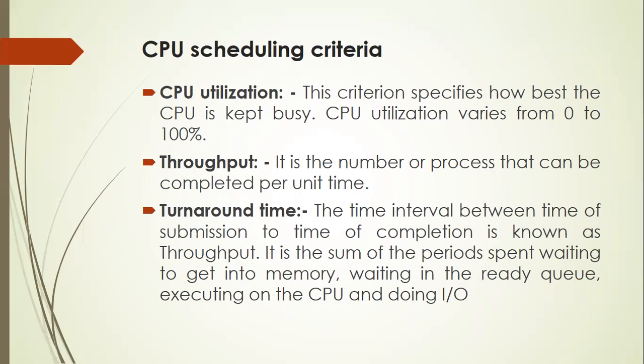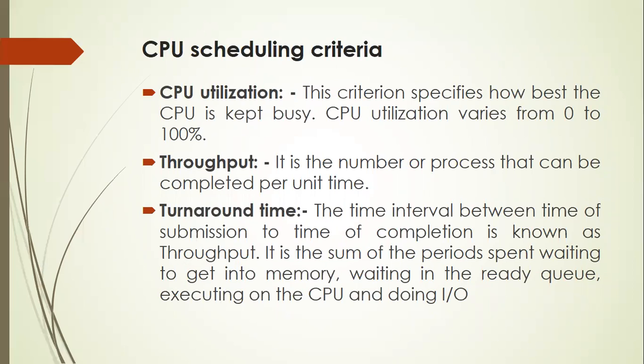What do you mean by CPU utilization? How much you are keeping the CPU busy, how well you are keeping the CPU busy, that indicates your CPU utilization. Suppose there is a process called P1. For that particular process, 20 milliseconds of CPU is allocated in one rotation.